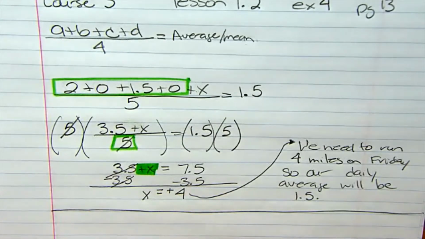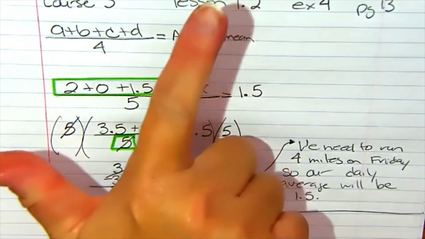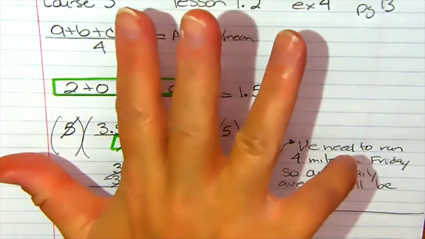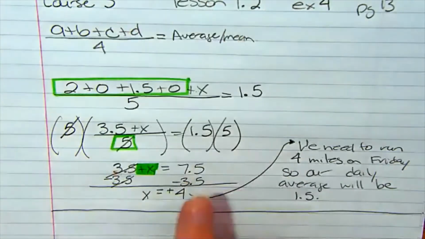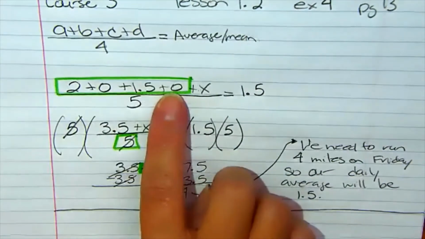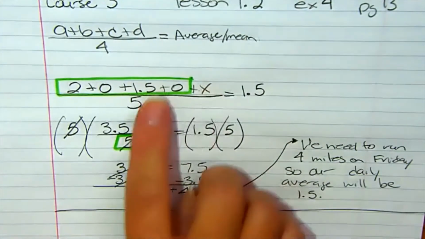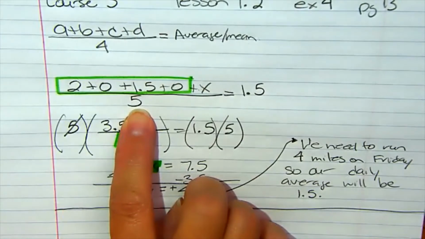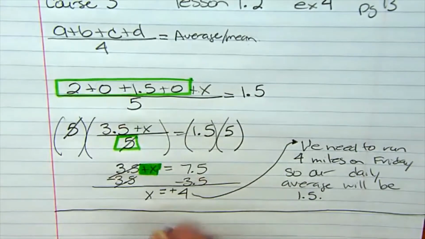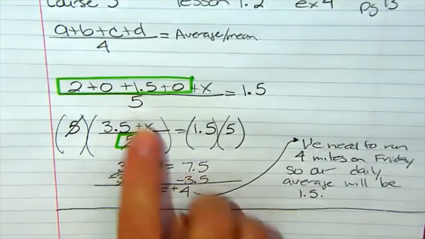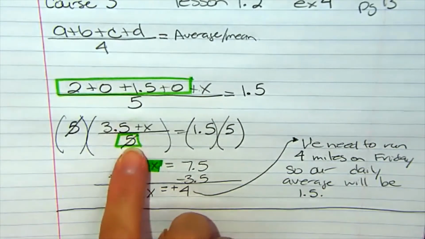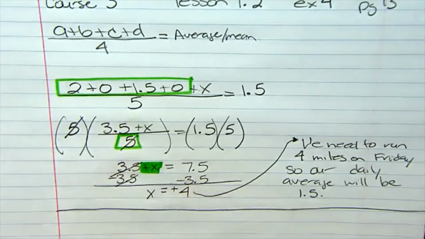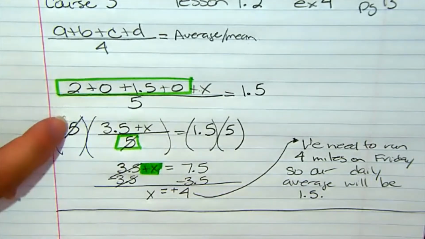So we have Monday, Tuesday, Wednesday, Thursday, Friday. So I have 5 days. I have 5 numbers up above. That's why I'm dividing by 5. And then to get rid of divided by 5, I need to use the inverse, which is multiply by 5.